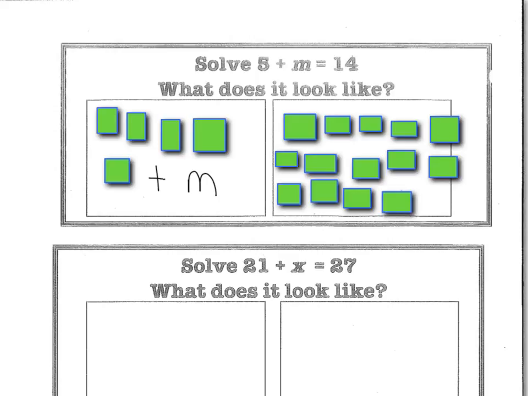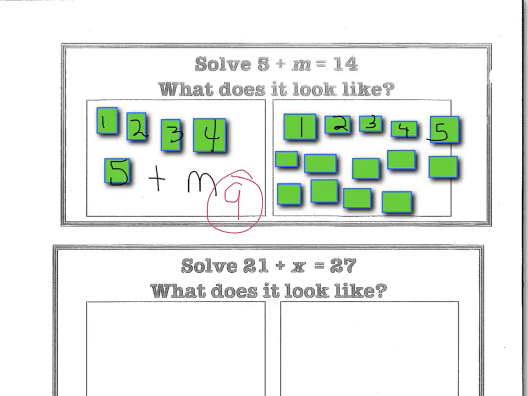We have 5 of them, right? So we have 1, 2, 3, 4, 5, just like we have over here. Let's figure out how many more we need to make the rest. So we have 1, 2, 3, 4, 5, 6, 7, 8, 9. That's how many other cubes we would need to put over here to make it a true statement. So m should be 9.